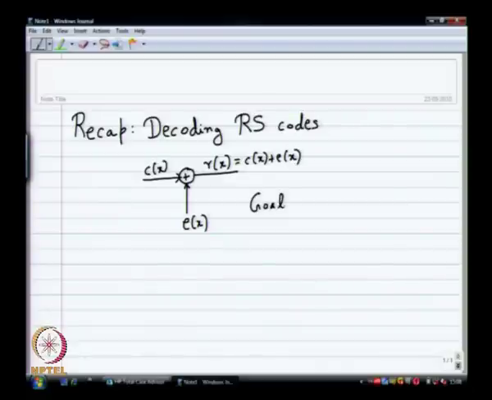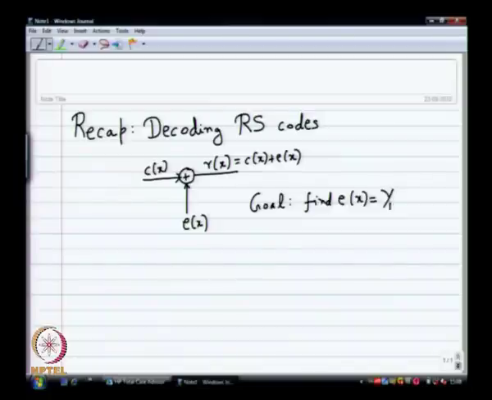The goal, that is the idea of this decoder. You have to find c of x, of course, from r of x, but we try to find e of x. So for that purpose, we do basically the bounded distance assumption, and we say that there are, let us say for instance, w errors in e of x, only w non-zero terms out of the possible n terms. Only w of them are non-zero, and we use a notation for it.